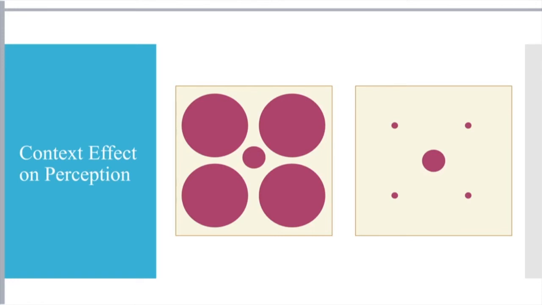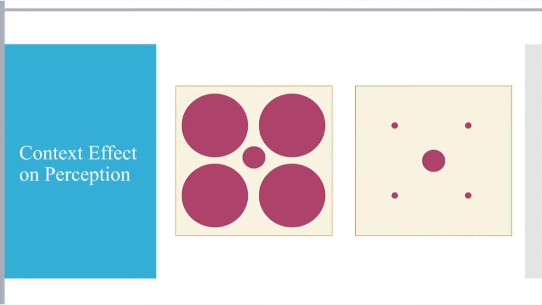But the context, a small dot surrounded by big dots, makes that dot look smaller than the dot surrounded by little dots. Our brain puts into context what we are seeing, and we're primed to think, okay, that's a bigger dot because look at the smaller dots surrounding it.